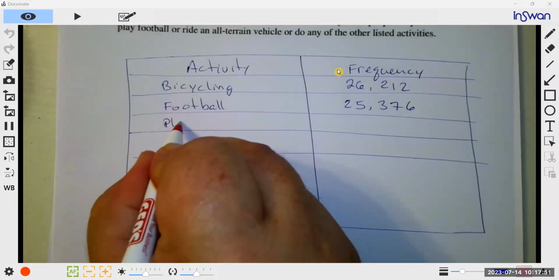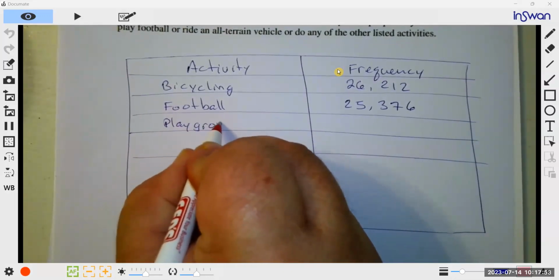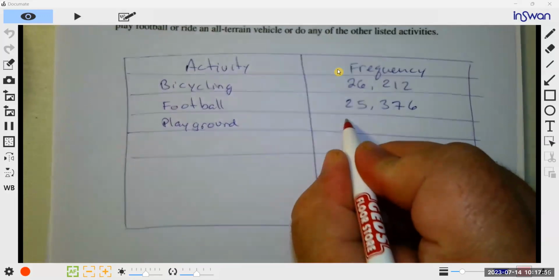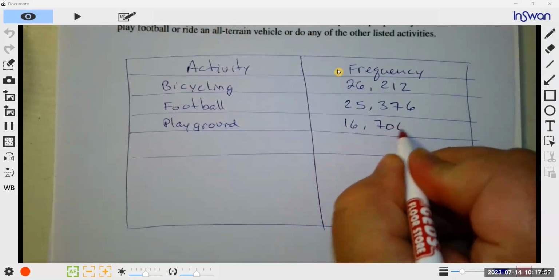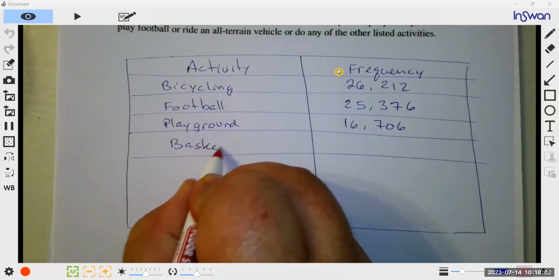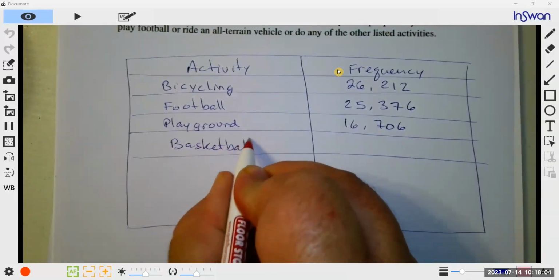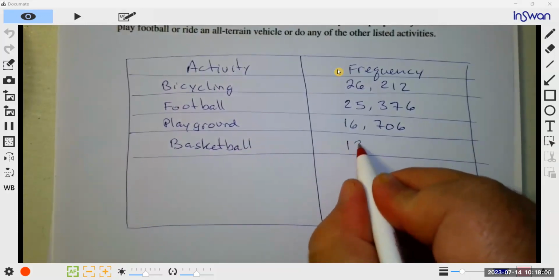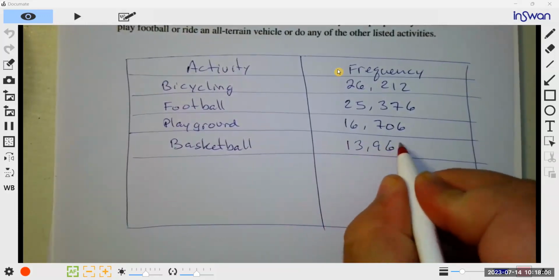Then we have playground at 16,706. Then we have basketball at 13,967.